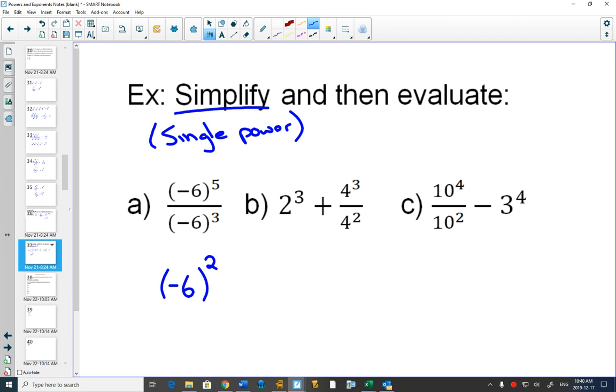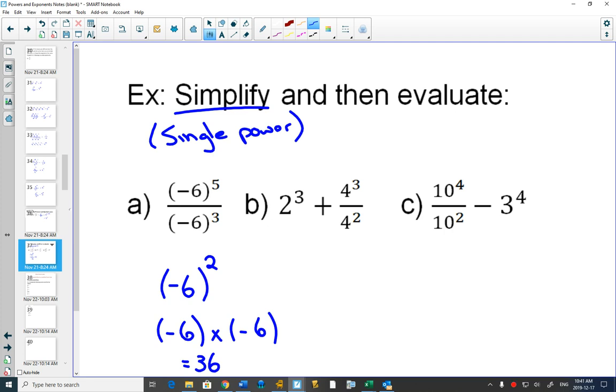Careful. The squared means repeated multiplication. So if you wrote it out, it would mean negative 6 times negative 6. 36. Positive or negative? Positive, right? Because a negative times a negative would be positive. So this becomes 36. And we can do this without our calculator.